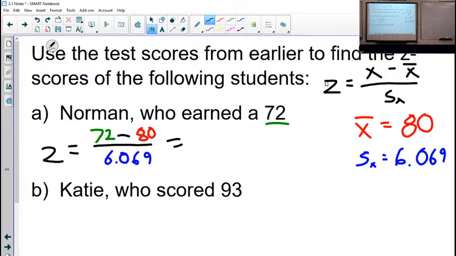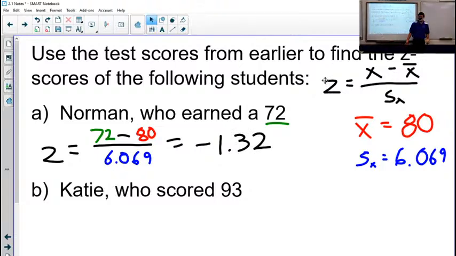Negative z-scores are for things that are below the mean. It should be negative 1 point something. Negative 1 point what? Negative 1.32. In other words, we're about 1.32 standard deviations below the mean.